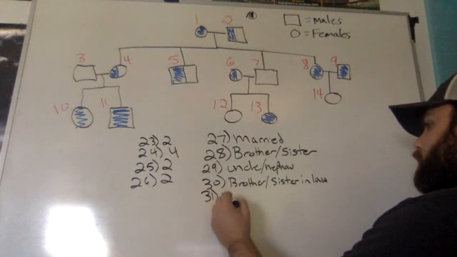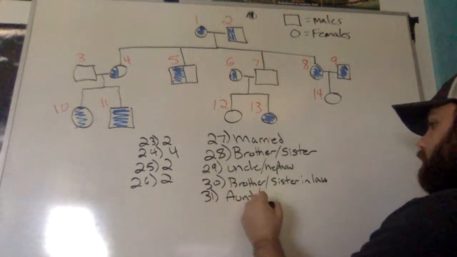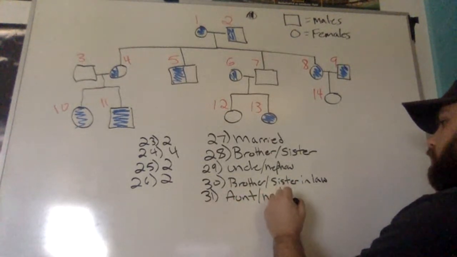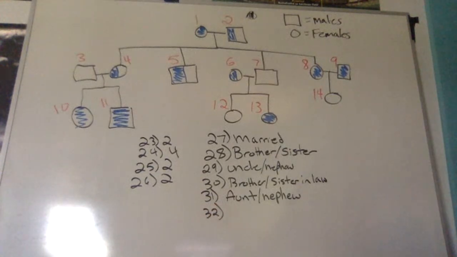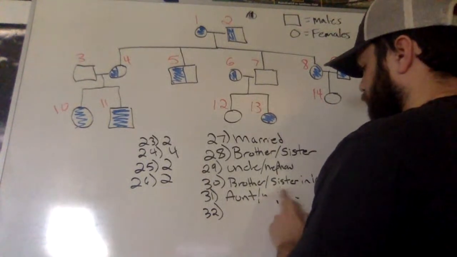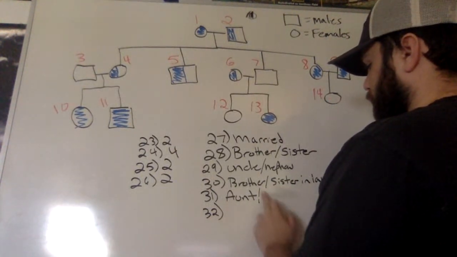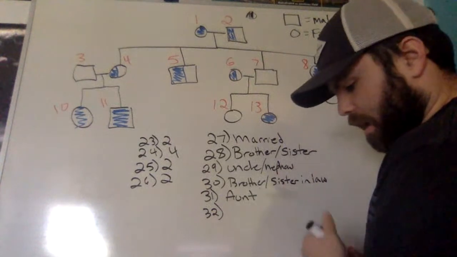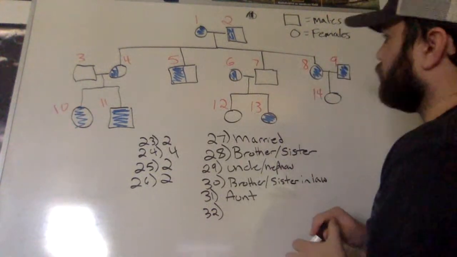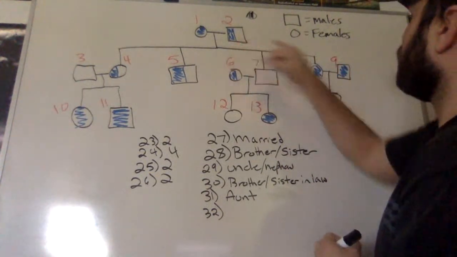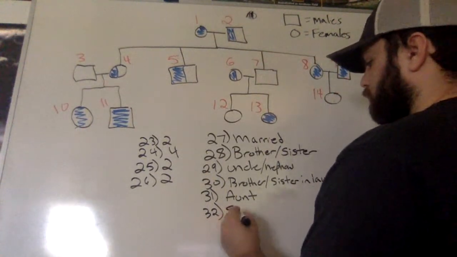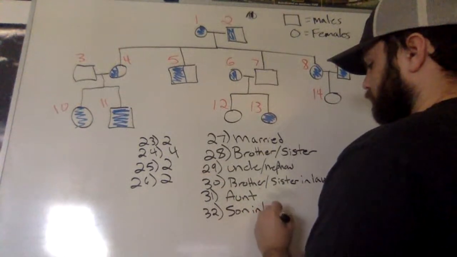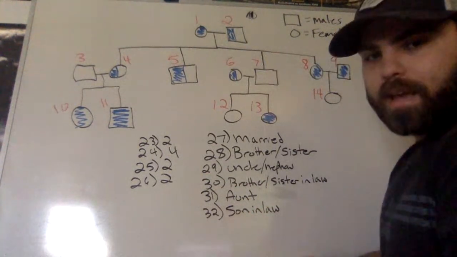So it's going to be aunt and niece. And then the last one, how are number 9 and 2 related? 9 and 2. That would be son-in-law. Okay. So those are the answers for this.